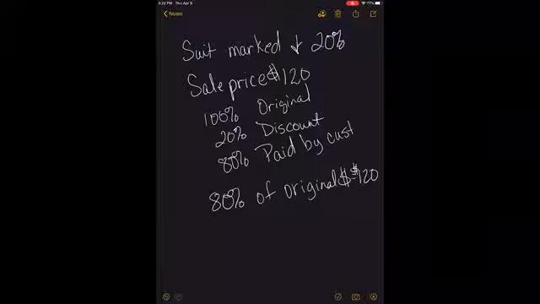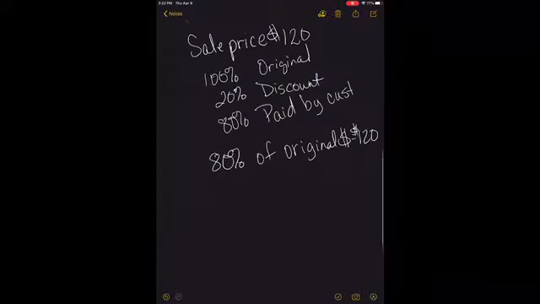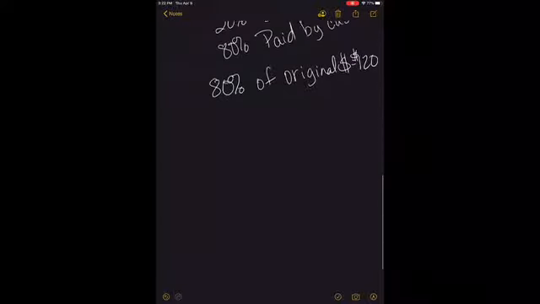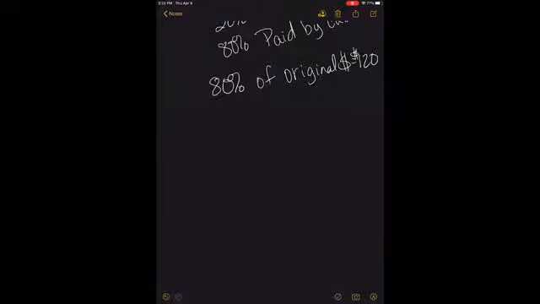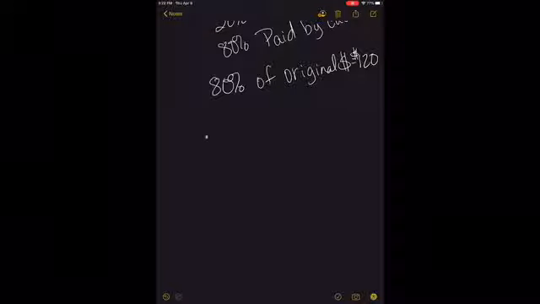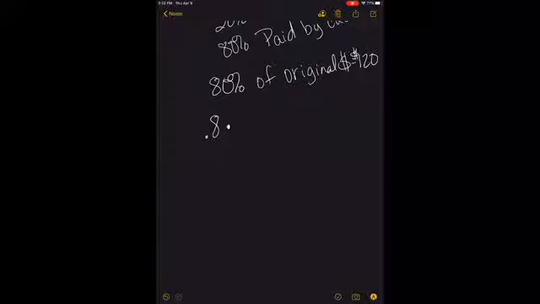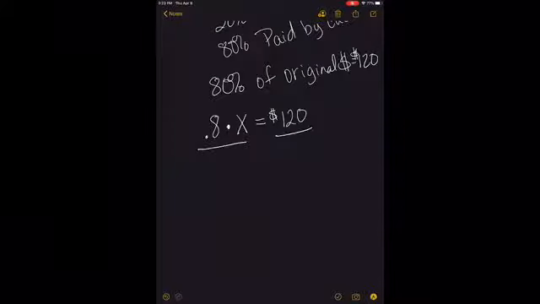Okay, so we can now take this and create an equation out of it, because we know what "of" means. We know to change a percentage to a decimal. 0.8 of means multiply. Original cost, that's what we're looking for, equals $120. And now we divide both sides by 0.8.